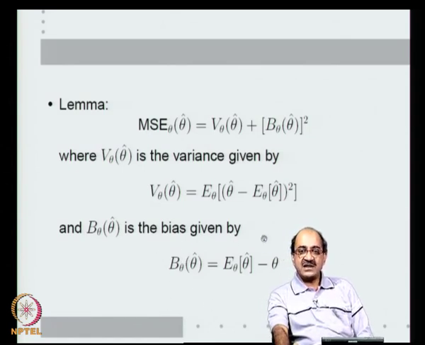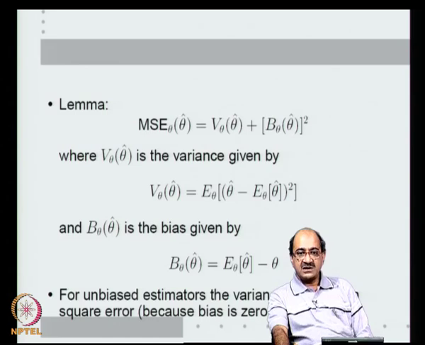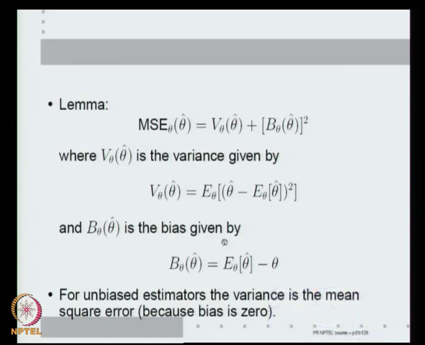Essentially, an estimator is unbiased if its bias is 0, and the mean square error of any estimator is the variance of the estimator plus the square of its bias. This lemma is not very difficult to prove, so let us prove this. Before we go there, let us remember that if an estimator is unbiased, so that its bias is 0, then the variance of the estimator is equal to its mean square error. So, for unbiased estimators, the mean square error is simply the variance.